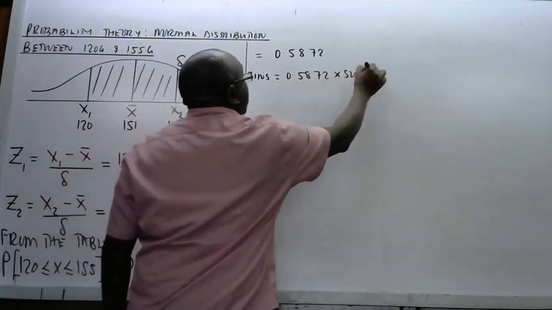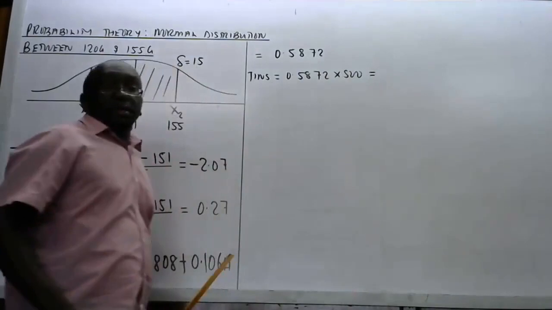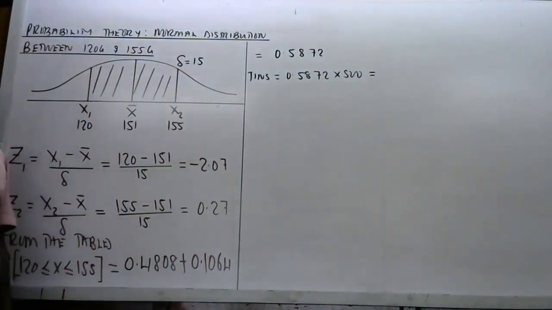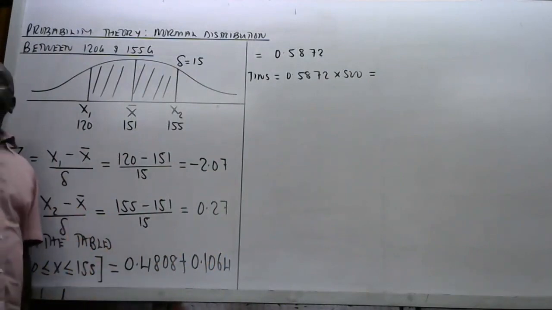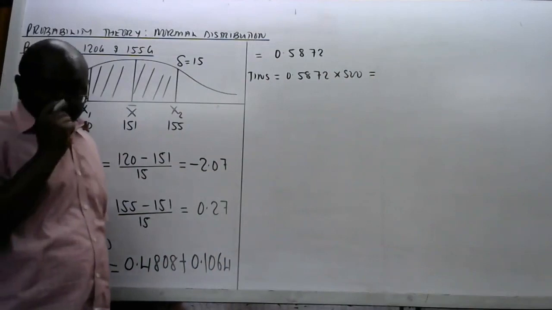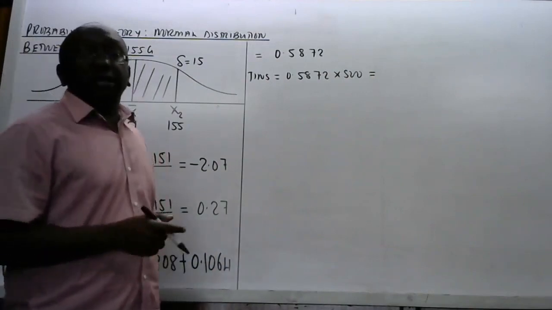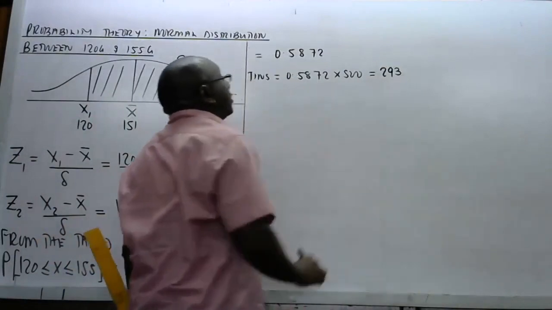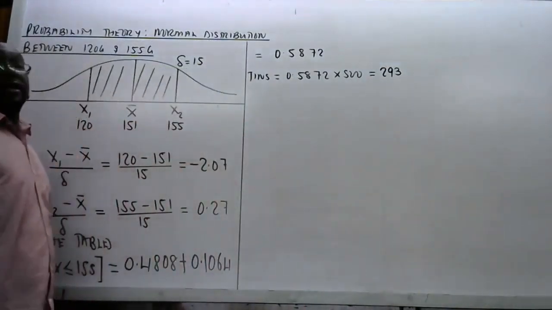Those are the number of tins, which is 293. So 293 tins.